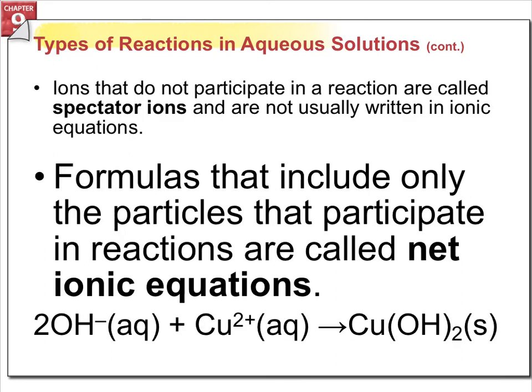An example here, formulas that include only particles that participate in reactions are called net ionic equations. Okay, so the ones that only have the things that participate are here. So here we're going to have hydroxide plus copper gives you copper hydroxide. Yeah, this actually made copper 2 hydroxide. Okay?